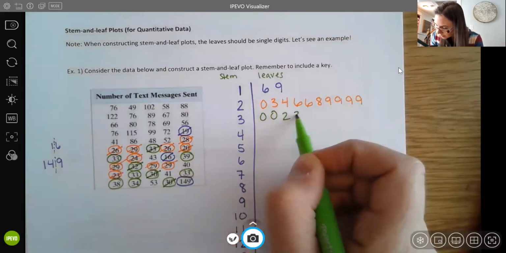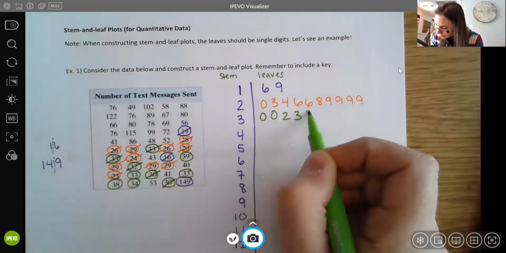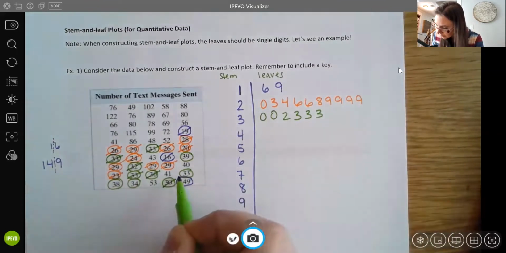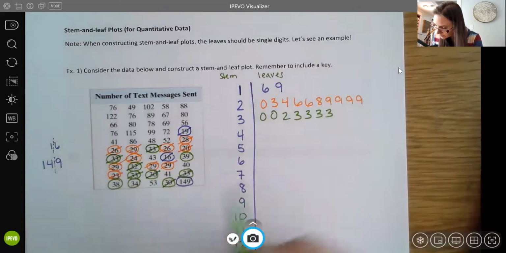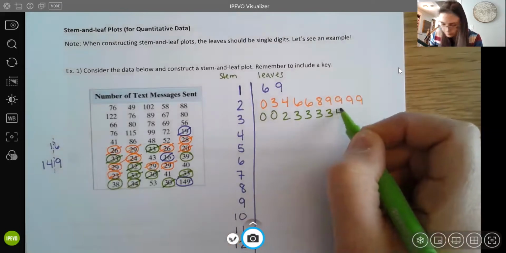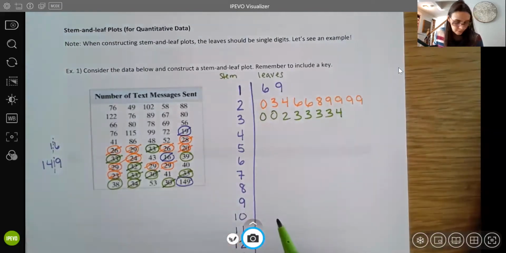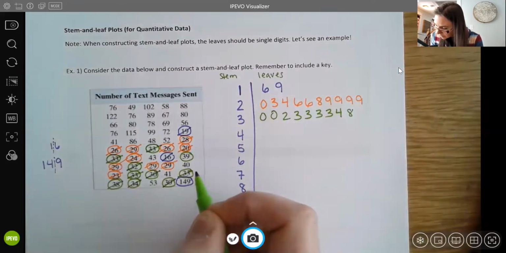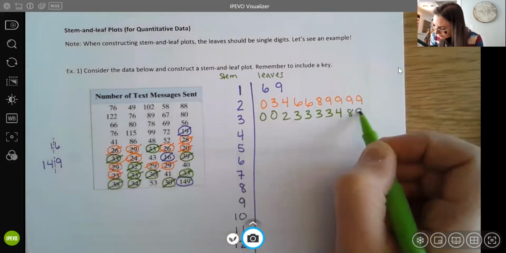So there's a 33. There's another 33. Here's another 33 and another 33. Now I see a 34. And I see a 38. And I see a 39.